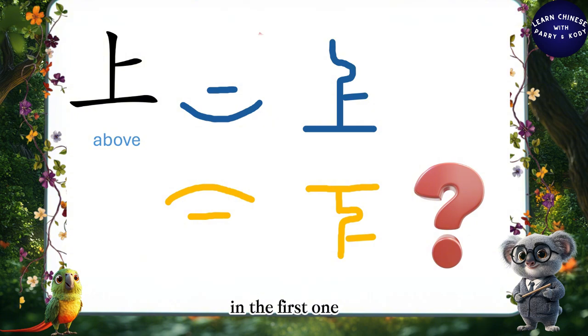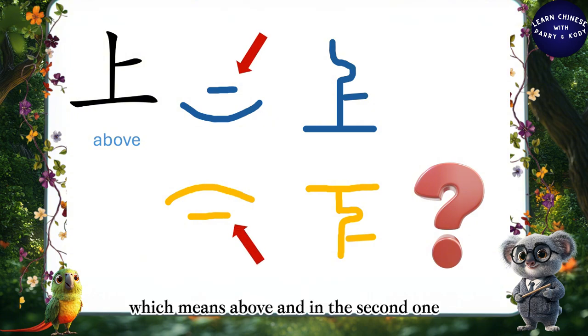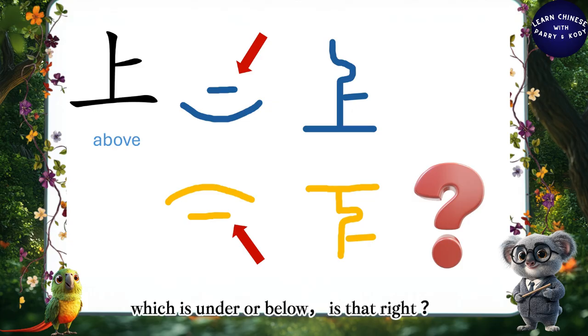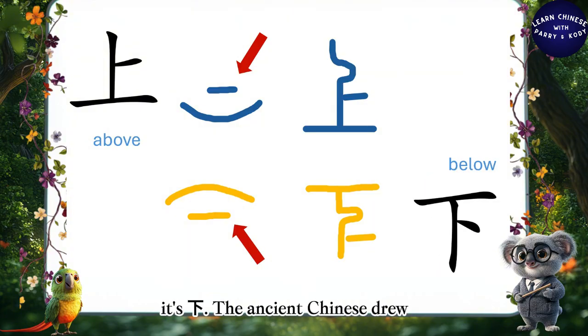In the first one, the short line is above the long line. That's the character 上, which means above. And in the second one, the short line is below the long line, so it must mean the opposite of above, which is under or below. Is that right? Correct. The Chinese word for above is 上, and for below, it's 下.